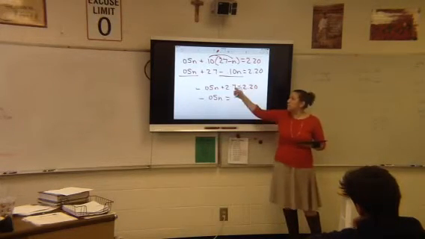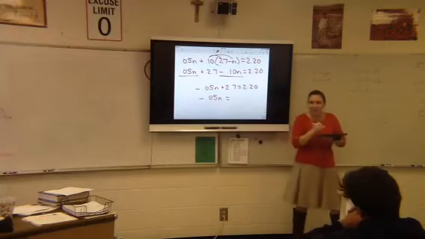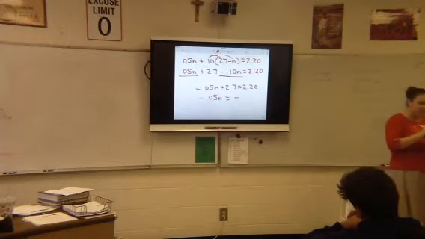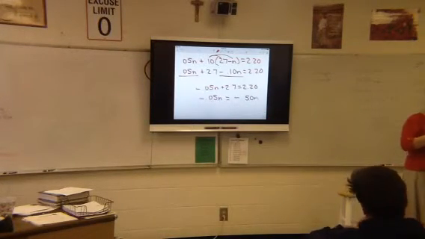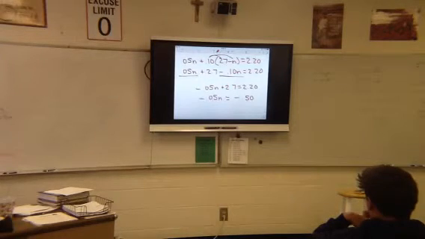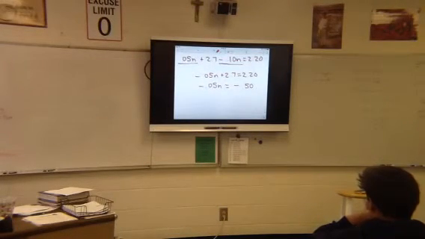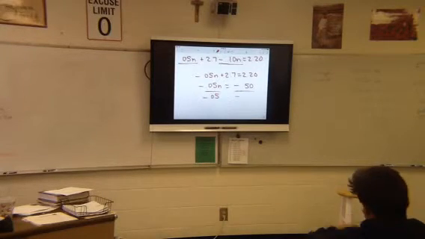There's 50 cents between them. Whew. All right, so we get negative 50 cents. It's a little rough. All right, so now divide by negative 0.05.